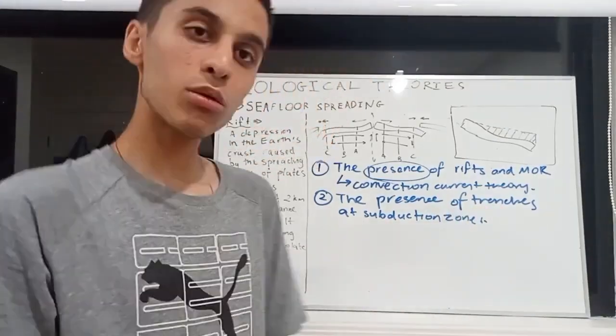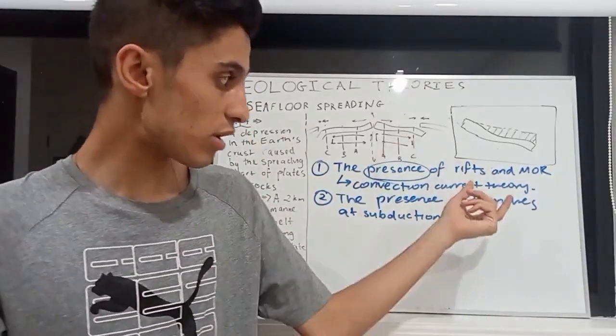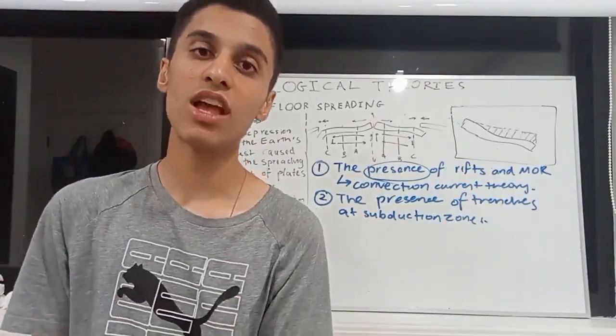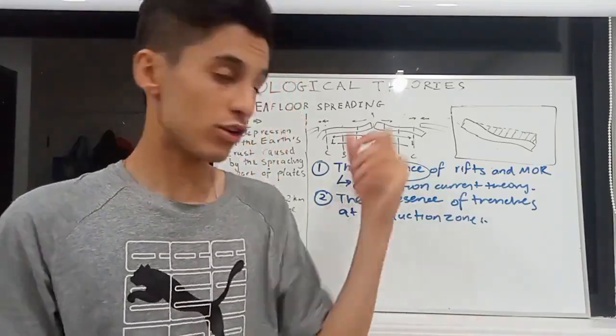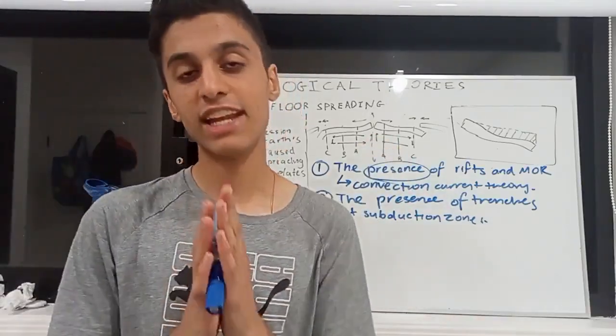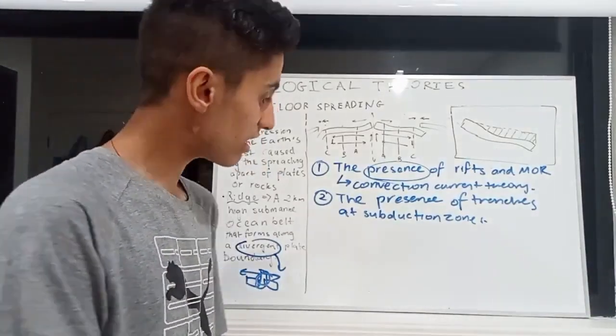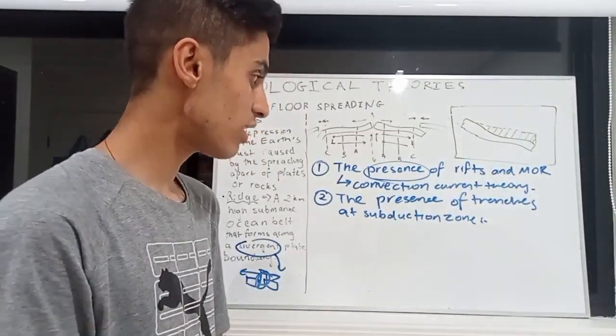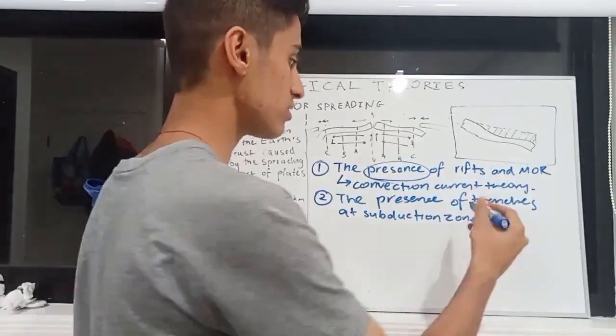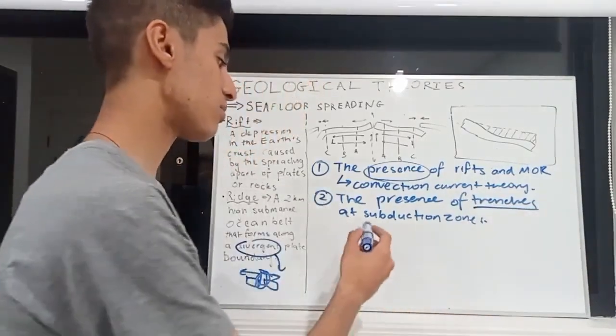Okay, so we've discussed ridge push and how the presence of mid-oceanic ridges kind of proves the notion that there's new seafloor being created at the middle of the ocean. But another way of looking at it is also the presence of trenches. The presence of trenches at subduction zones.